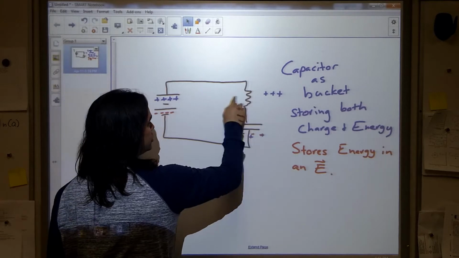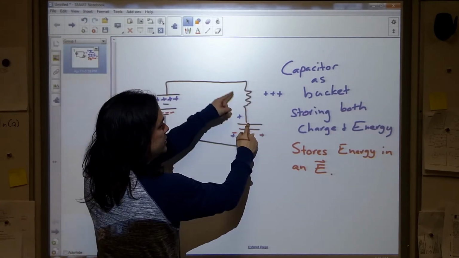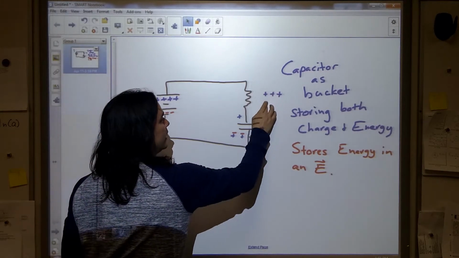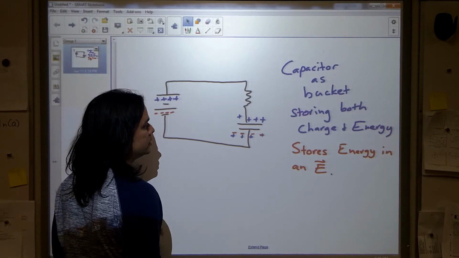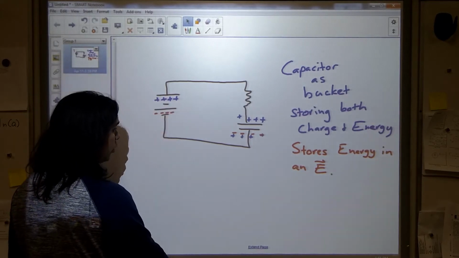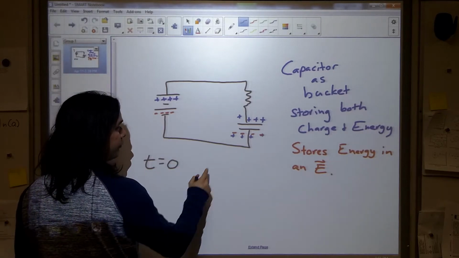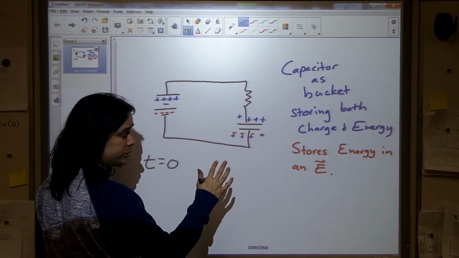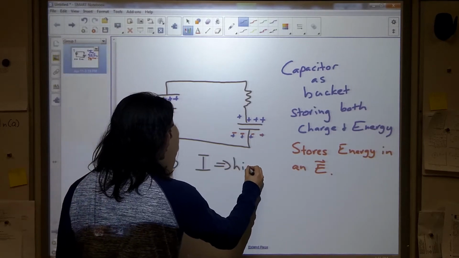However, as positive charges start building up, they're going to start pushing back against the stream of positive charges that are coming in, and when we get enough of them, they'll actually stop that entirely. So in short, at the very beginning, t equals 0 for a discharged capacitor, there was no charge on it, our current is going to be very high.